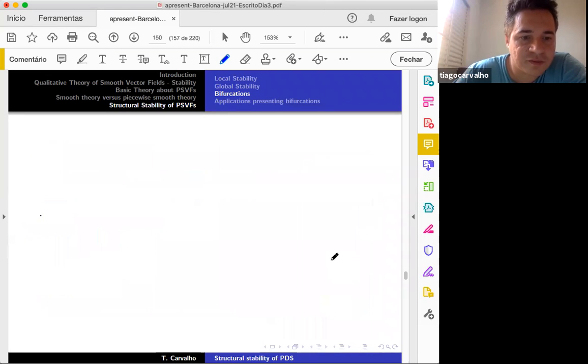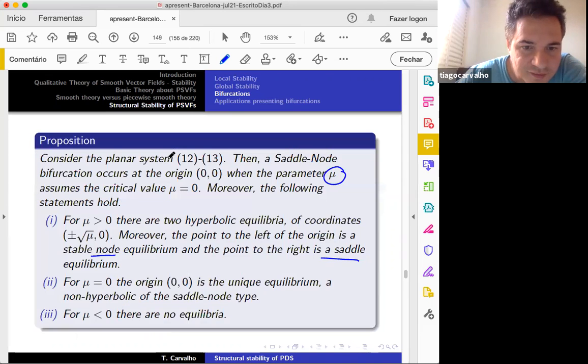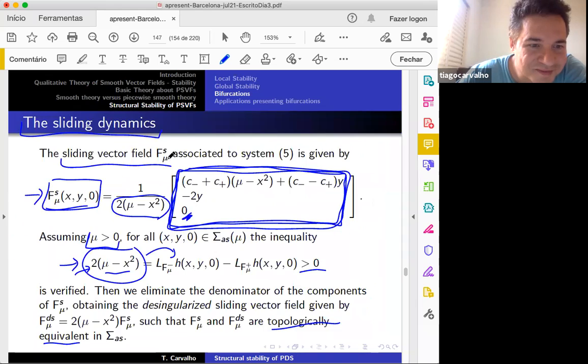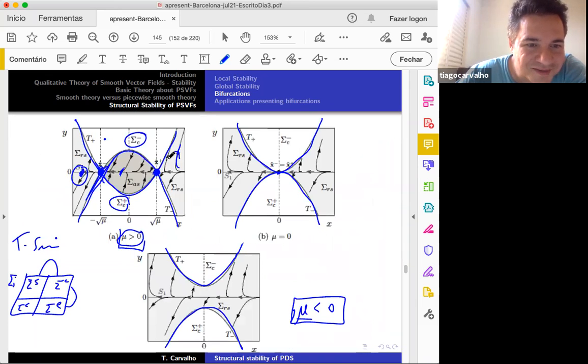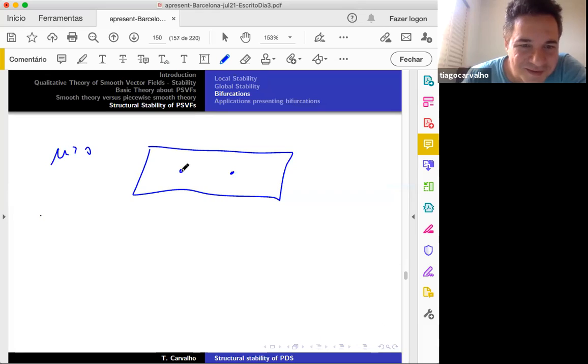So what's happening here is, for mu positive, at the sliding region this point behaves like a saddle, and this point behaves like a repulsive node.